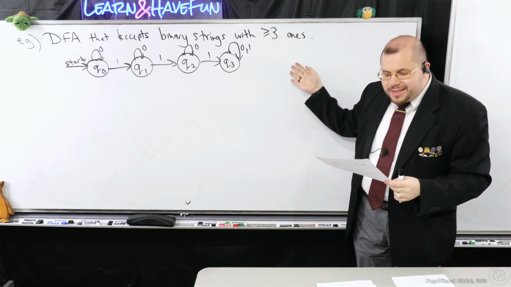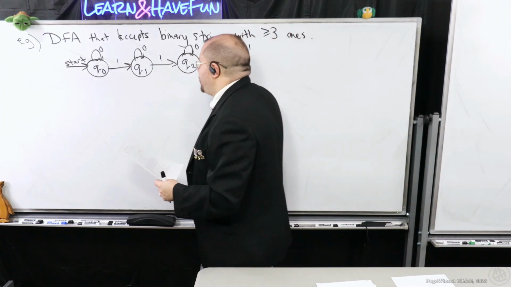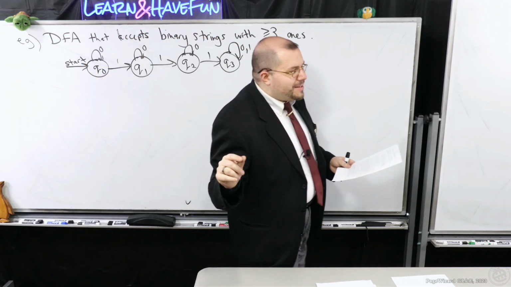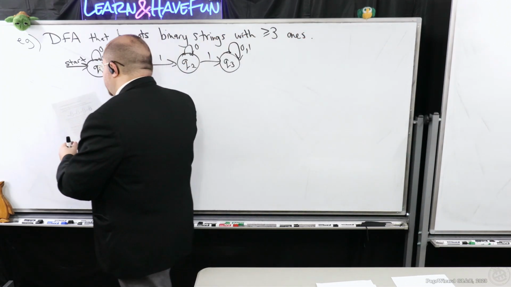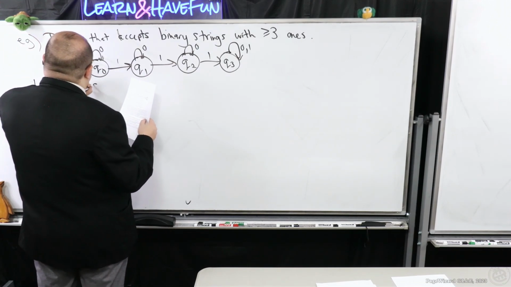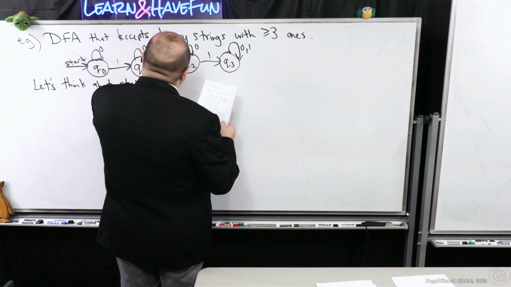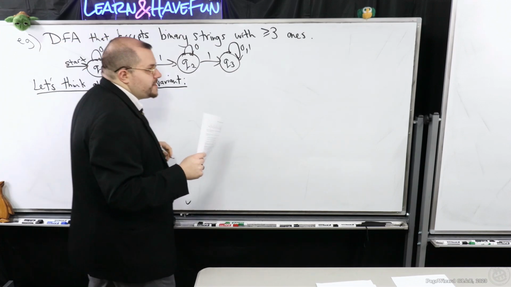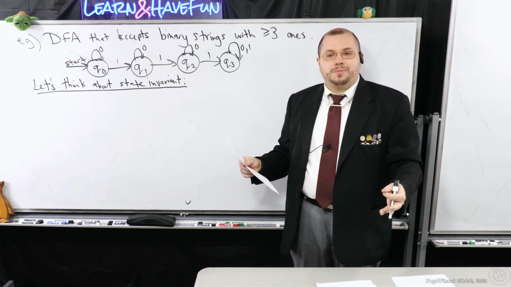So let's think about some state invariants for this DFA. For each one of the states, we would like to come up with something we can say at any time that some string W is being processed. Remember, these are properties that are true during the processing of the string W. So when I process string W, it has to satisfy this property.